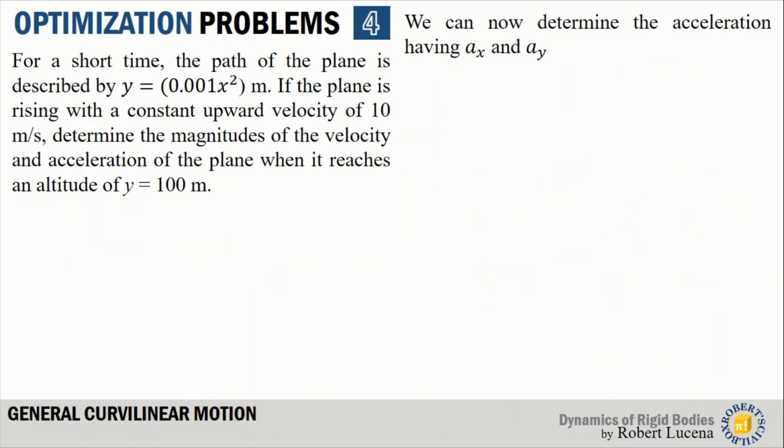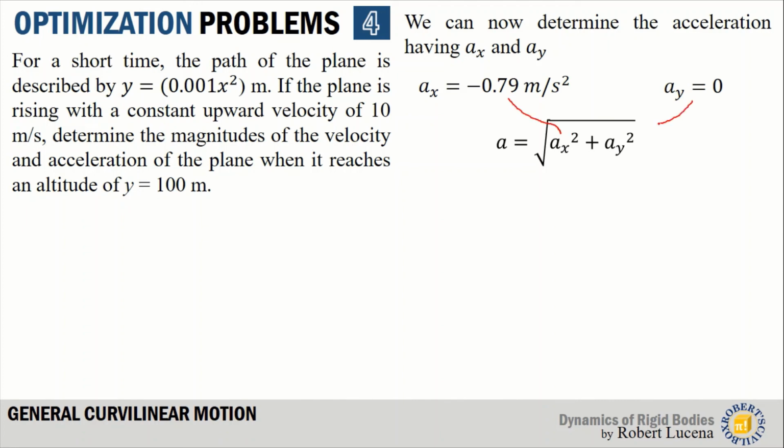Now we have ax and ay, so ax is negative 0.79 meters per second squared, and ay is 0. To get the magnitude of the acceleration, we simply use the Pythagorean theorem, substituting the values of ax and ay, and performing the operation, we get the acceleration equal to 0.79 meters per second squared.